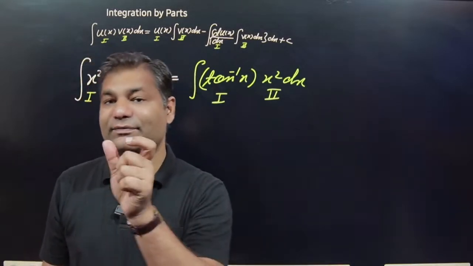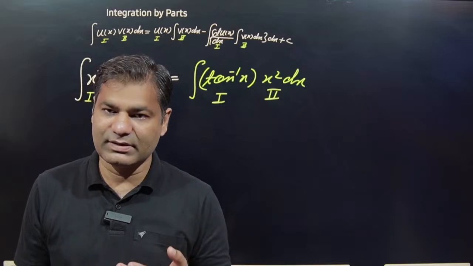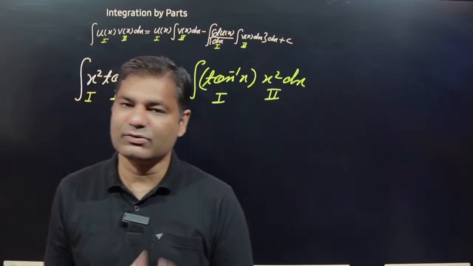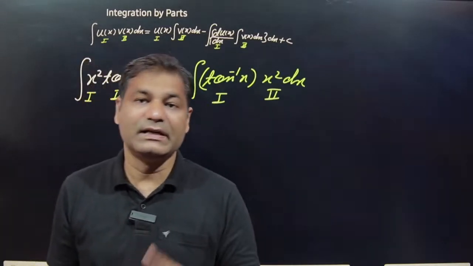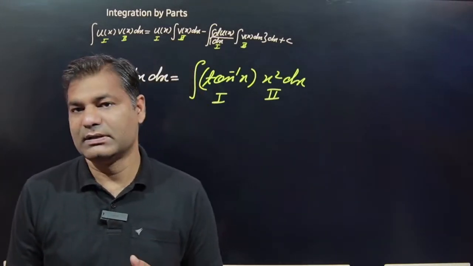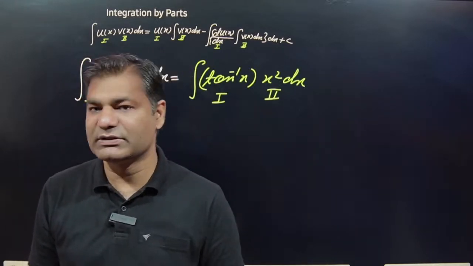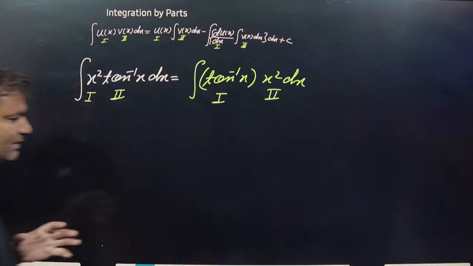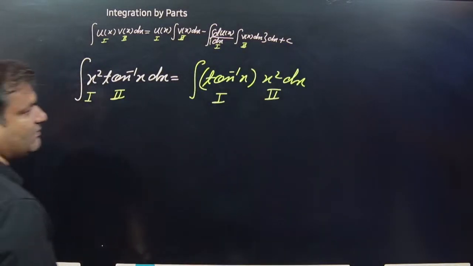Because differentiation of inverse trigonometry are available, means sin inverse x, differentiation of sin inverse x, I know that, cos inverse x, I know that, sec inverse, I know that, tan inverse, I know that, but integration of tan inverse x, integration of cos inverse x, I don't know. Okay, so that's why I think clear which one take first and which one take second.